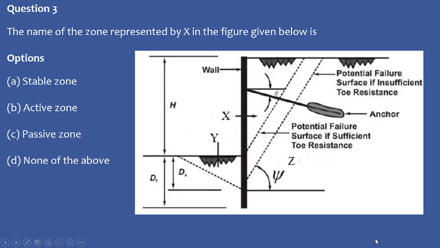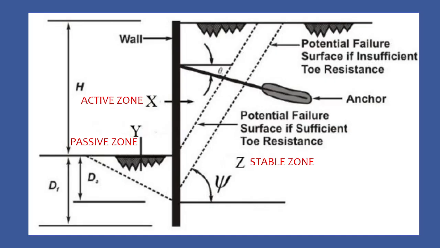So Bhaskar, yeah, it's the active zone. I'll show you the other zones also. This part of the soil just beneath the wall we call the active zone, because if the nails weren't there, there would be active earth pressure.